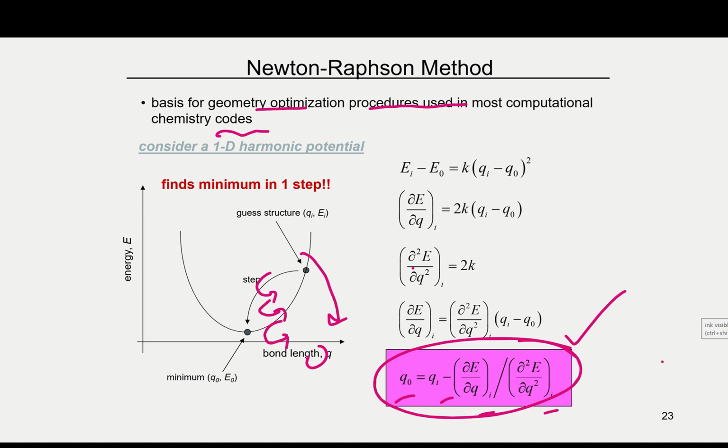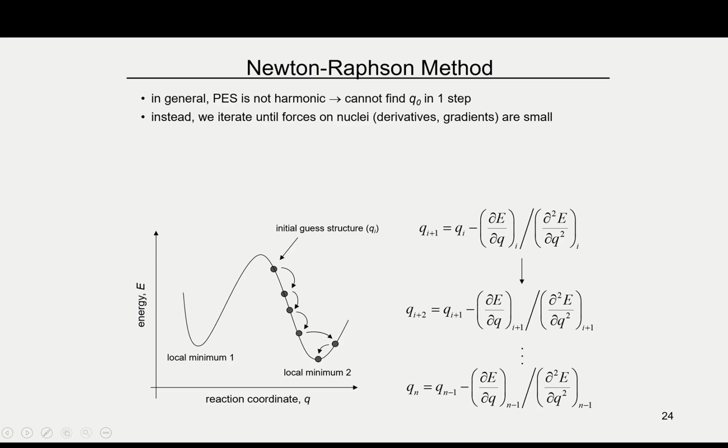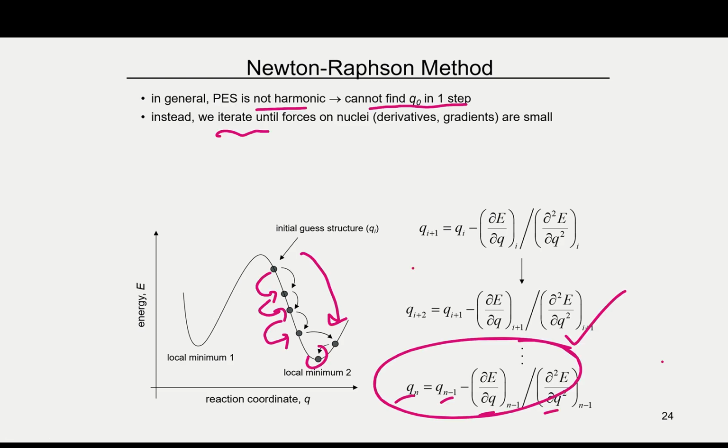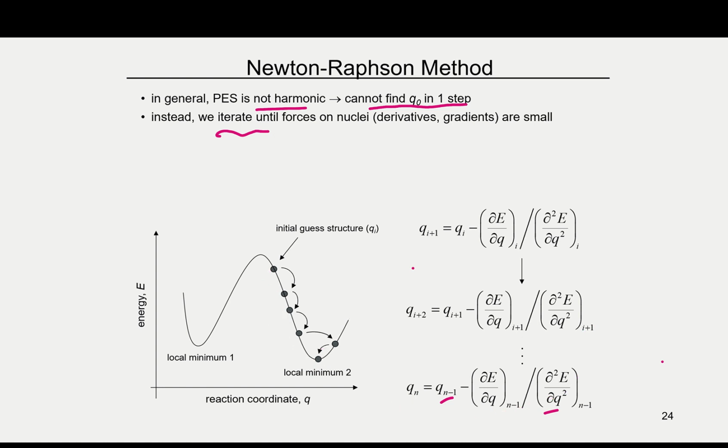Now you want to know about more than 1D. So what you do, you can just take this as the derivative for the first step. For one step we take this one. Consider this is the first step.